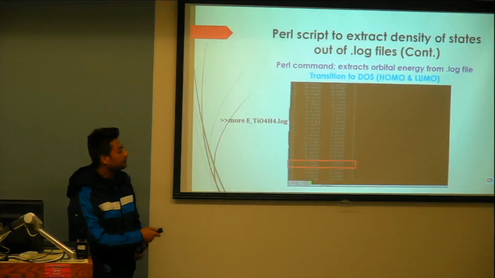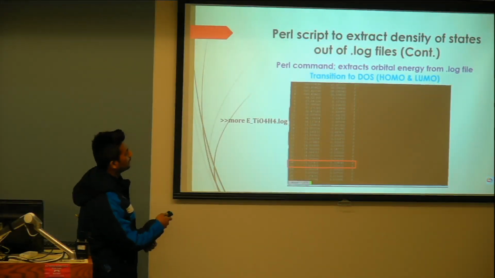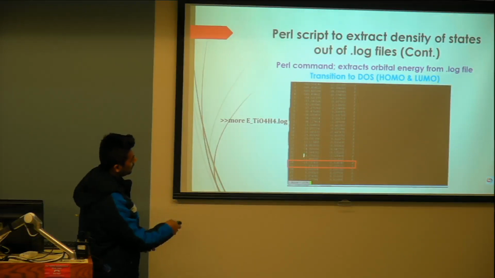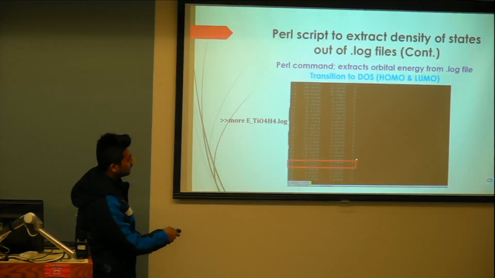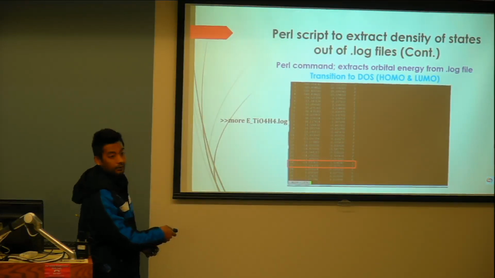So first, the command to extract the energy. You see the orbital energies for different orbitals. The energies have been extracted. So these are the HOMO, the highest occupied molecular orbital, and these are the LUMO, lowest unoccupied molecular orbital.